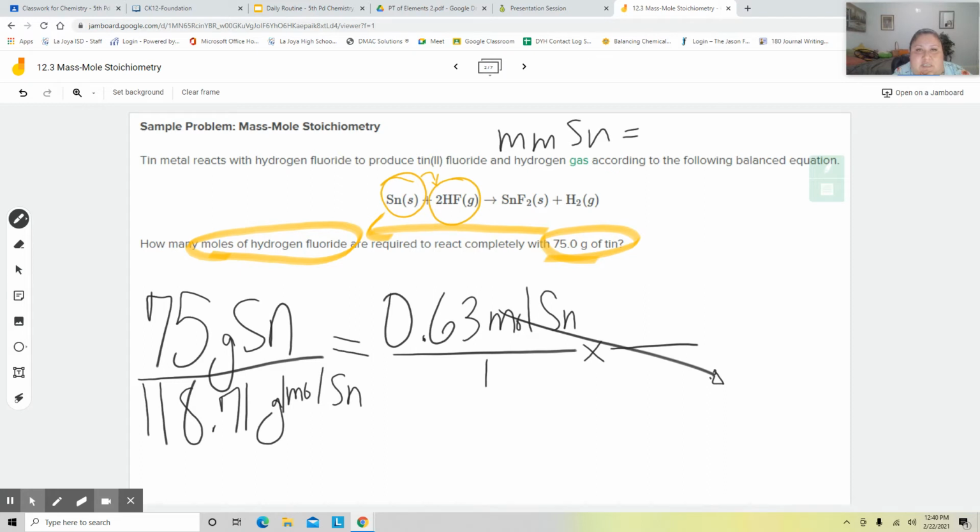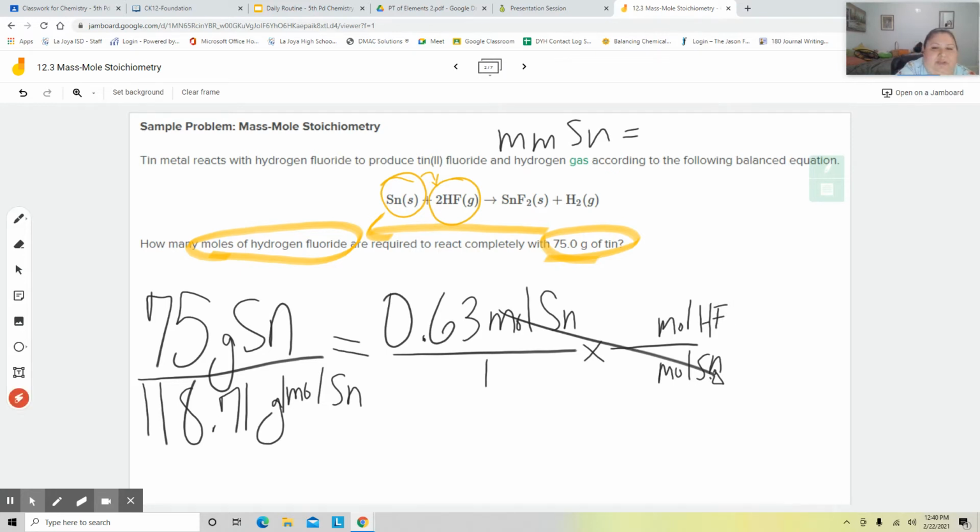So where do moles of tin need to go? On bottom. So we're going to put here moles of tin. And so that means moles of hydrogen fluoride needs to go on top.